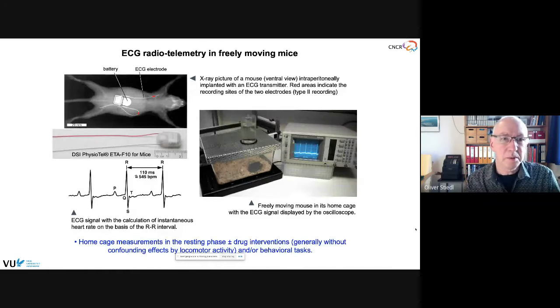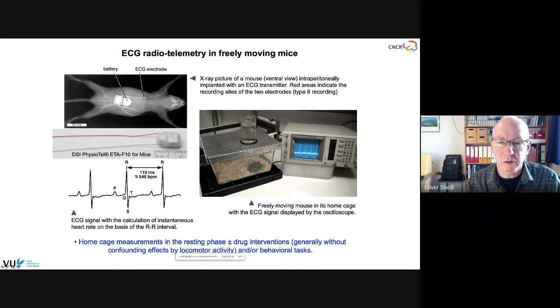And to speed up a little bit, I have a great experience in so-called radio telemetry. The disadvantage is it is an invasive procedure where we implant animals with a micro device to measure, as you see here on the top left corner, an implant with a battery, electronics, and the subcutaneous electrodes, which are in the end, let's say, de-isolated at the red spots so that we can measure the heart rate in the mice in the home cage.